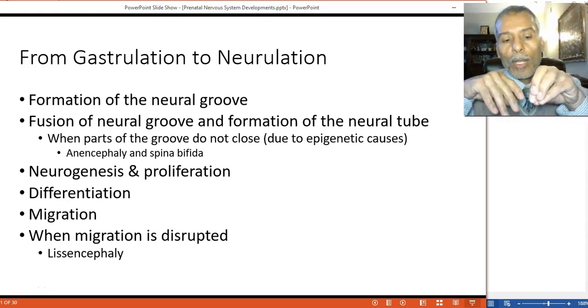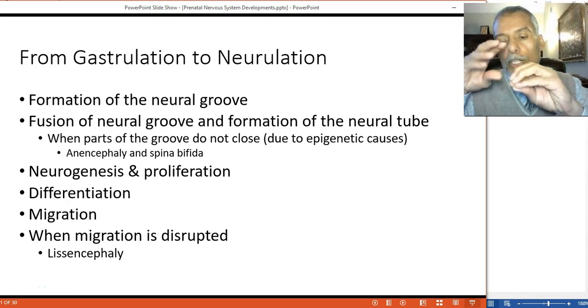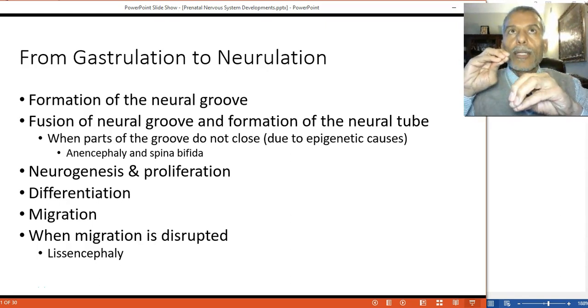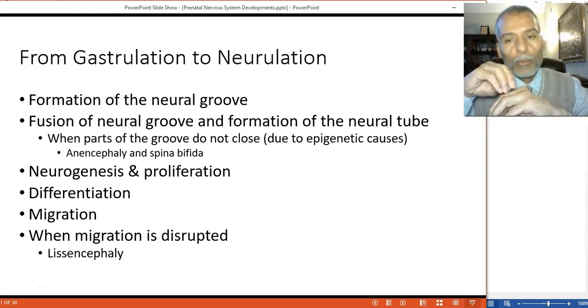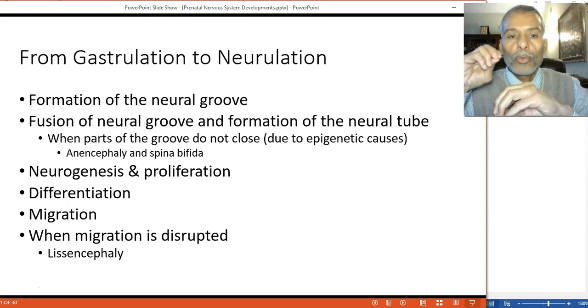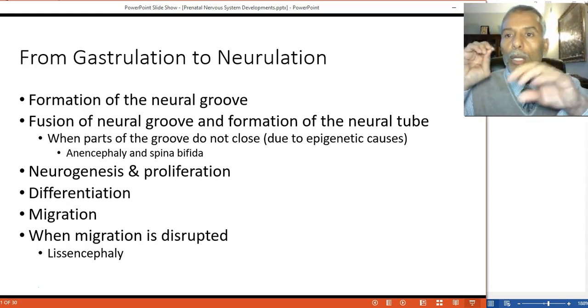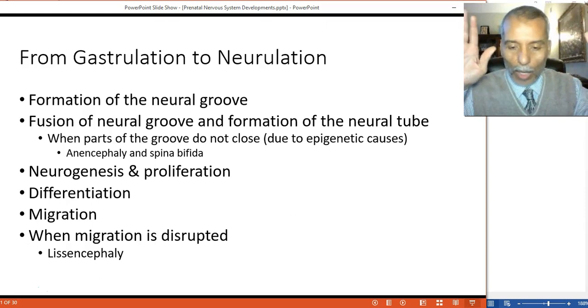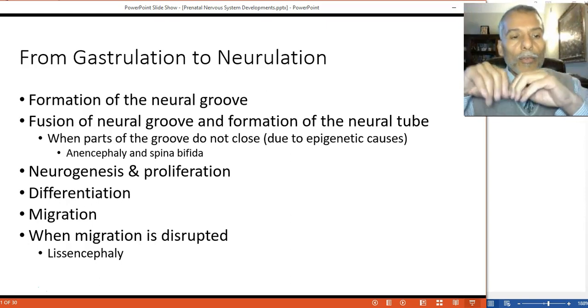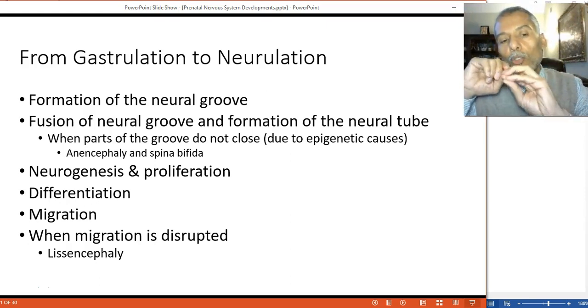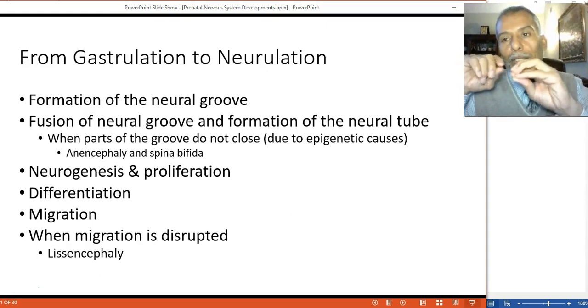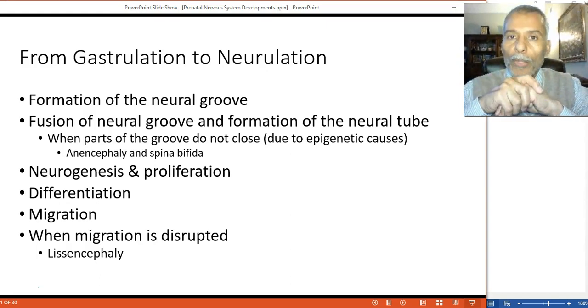A cell is born, then it is differentiated and specialized in whatever function it will do, to be, for example, a motor cell, an auditory cell, or whatever it is. And then it starts to migrate immediately as soon as it is born.